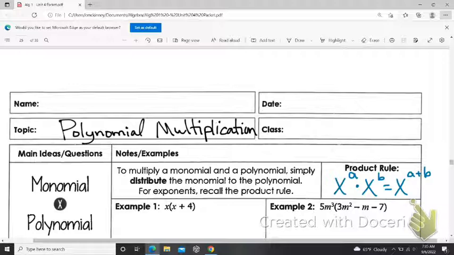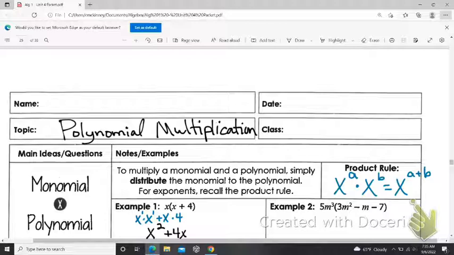And so example 1 here, this is what I'm thinking, x times x, and remember they each have 1s, so that is x squared, and then I'm thinking x, so plus, right, times 4, and of course it just looks a lot better to write that as 4x, not x4, so plus 4x.